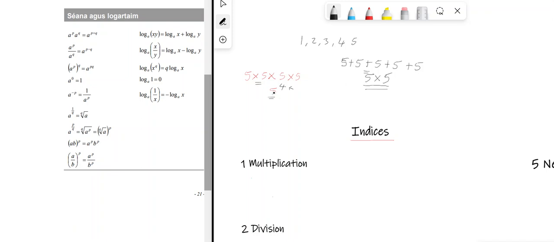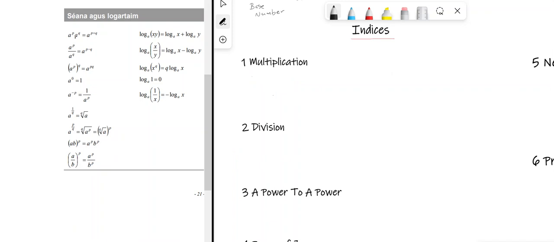We're talking about a base number, and then this here is the indice, and sometimes it's called a power. In maths, you're going to come across problems that have powers in them. There's a number of rules that we can use to make our life a little bit easier when it comes to working with indices, and that's what we're going to look at now.